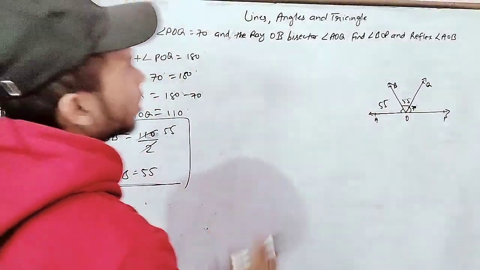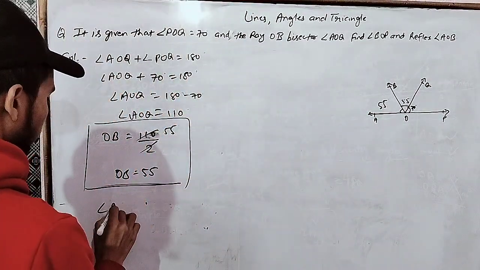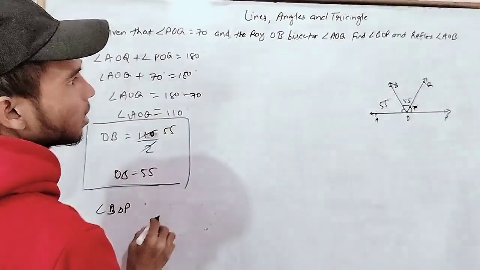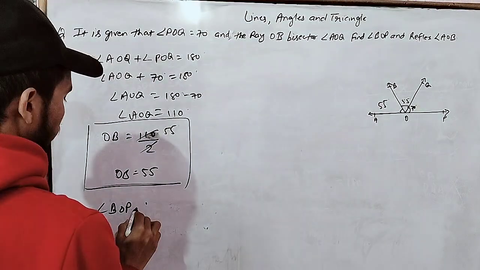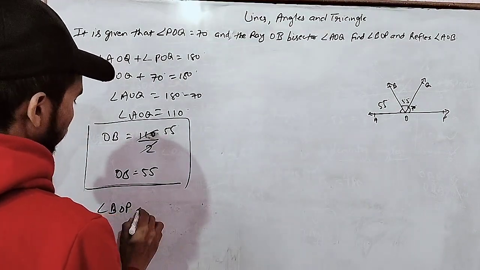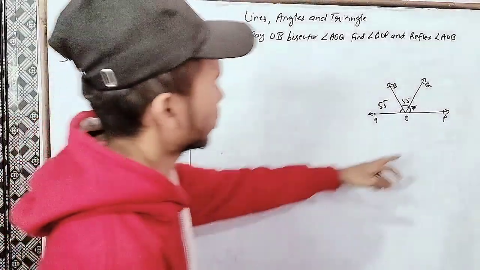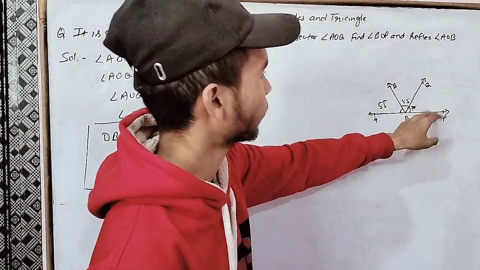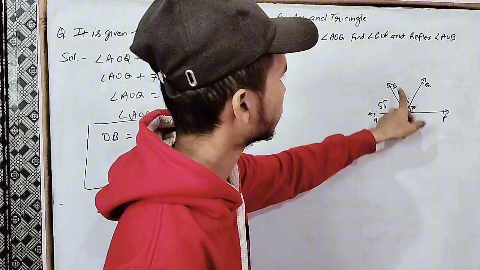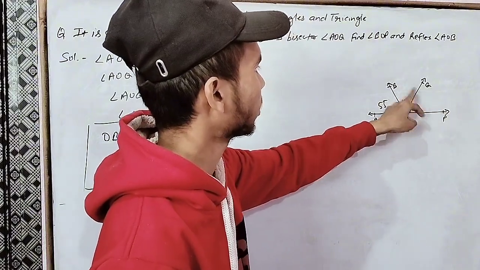Now BOP we have to find out. In angle BOP we have two angles, 1 and 2.